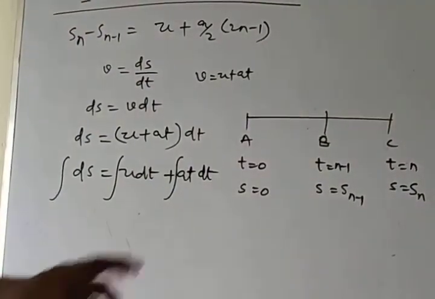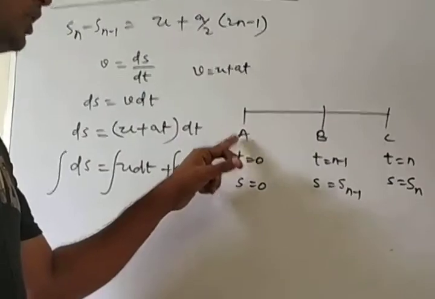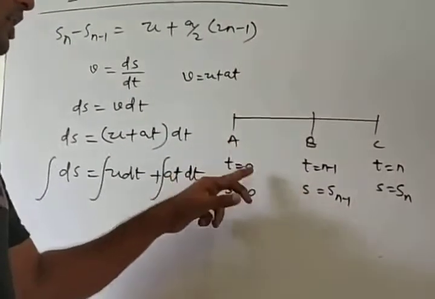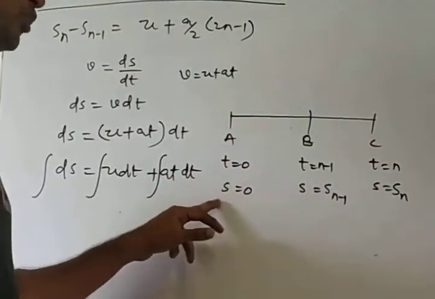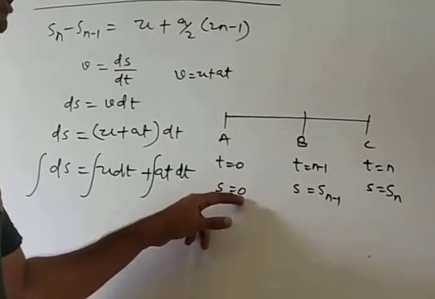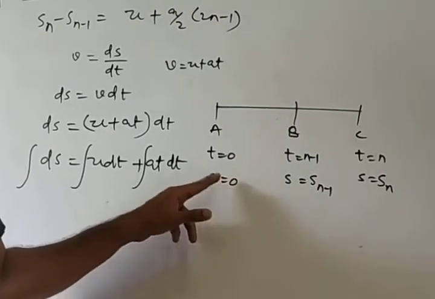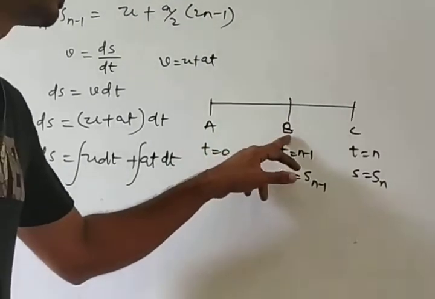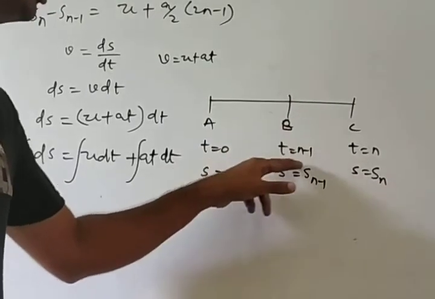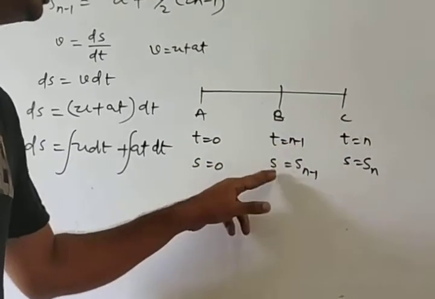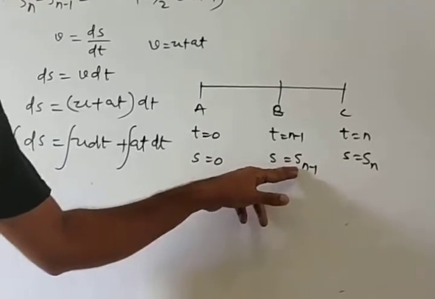Just try to understand. When the body is at A, time is 0 and position change is 0, initial position is 0. Displacement will be 0. When the body reaches B after n minus 1 seconds, the position change will be Sn minus 1 from 0.